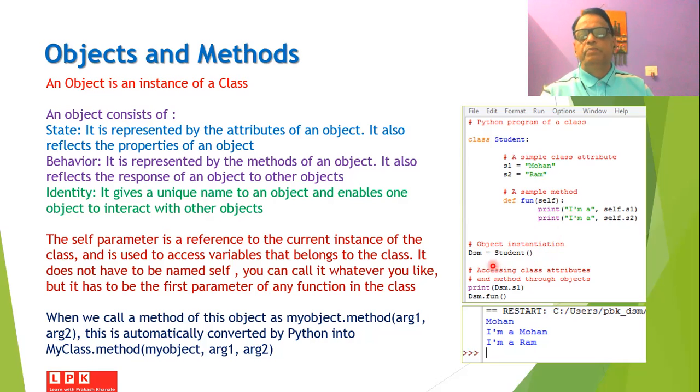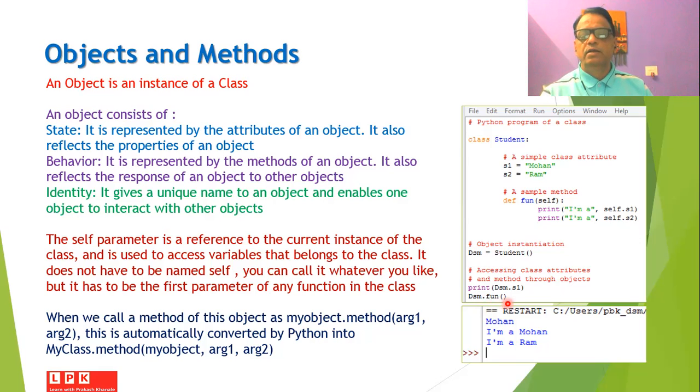Suppose we have an object of the class Student, say dsm, where dsm = Student(). Then we can access the class attributes and methods, such as print(dsm.s1) or dsm.fun().